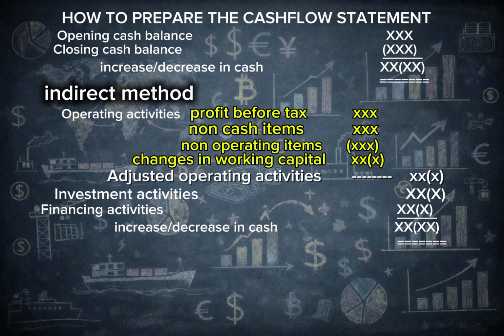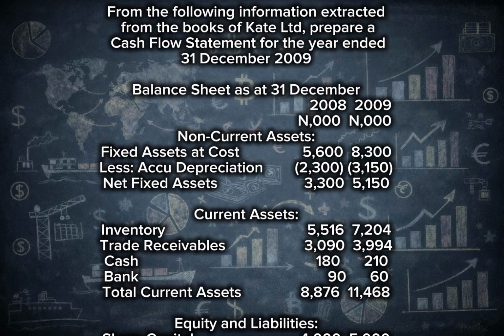And to this, we bring in inflow and outflow from investment activities and inflow and outflow from financing activities. And when we compare this balance with the balance of the cash at the beginning and at the end of the period, we are said to have reconciled the cash flow statement or found out the reasons for the difference in the cash flow statement.